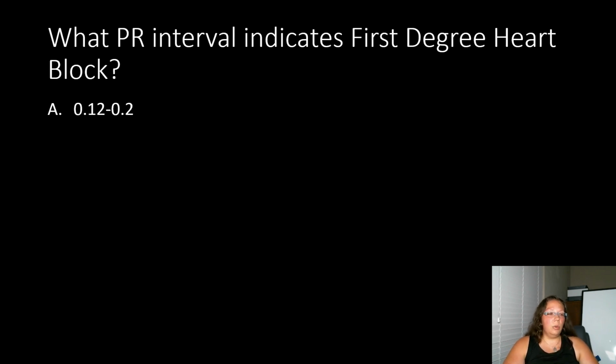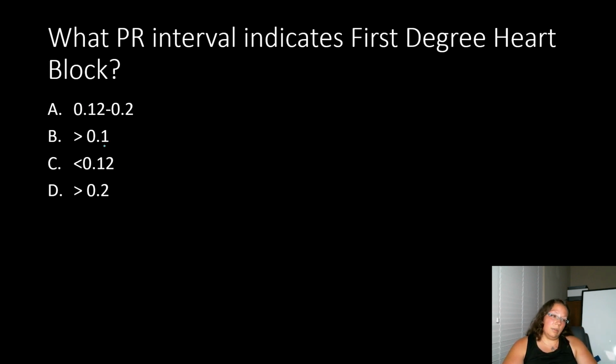0.12 to 0.2, greater than 0.1, that should be less than 0.1. Less than 0.12, I may have screwed up this question. Greater than 0.2, I didn't. This should be less than 0.1.